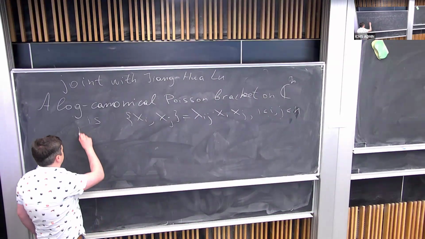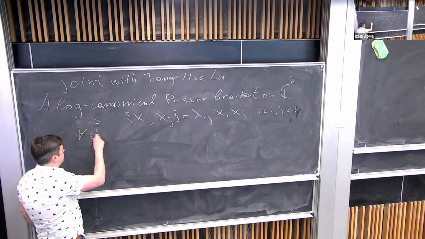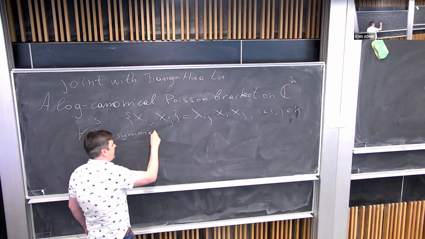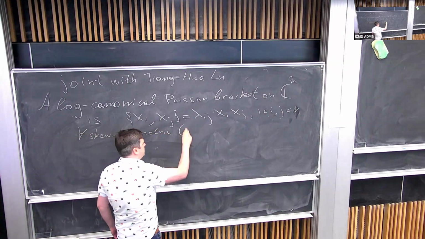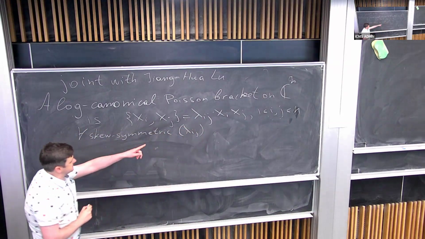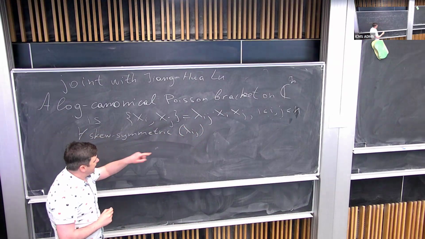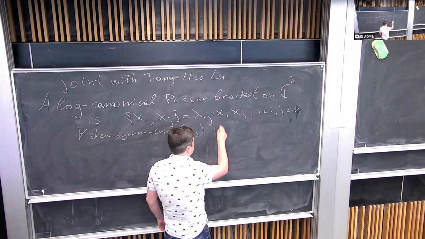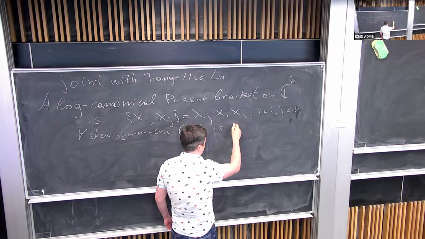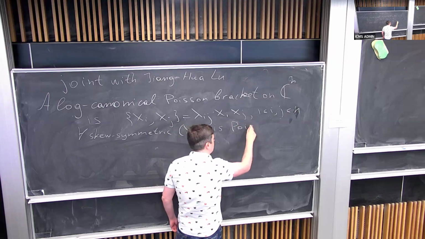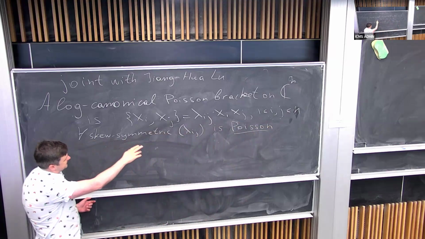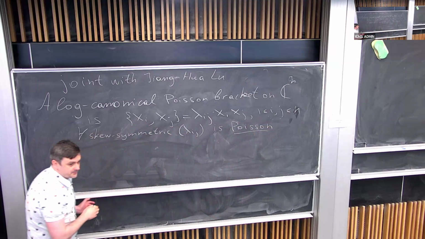So for the little comment, for every symmetric matrix of lambda_ij, for me this is just numbers, this bracket is actually Poisson, so it's integrable. It's kind of a tautological comment, but the statement is that this satisfies the Jacobi identity automatically.